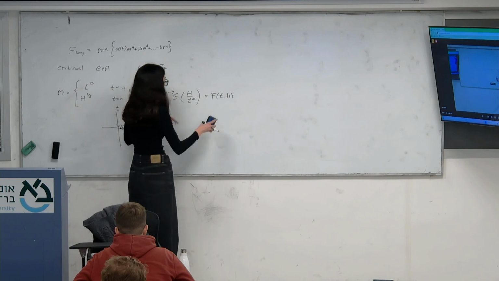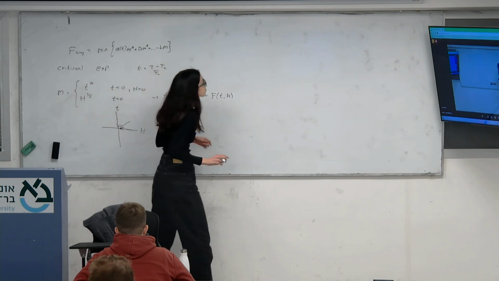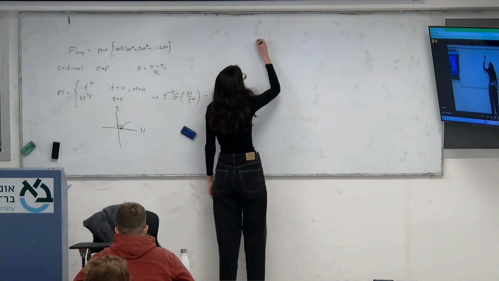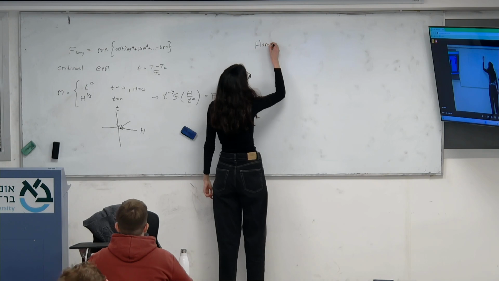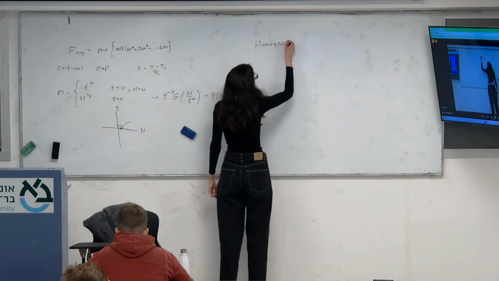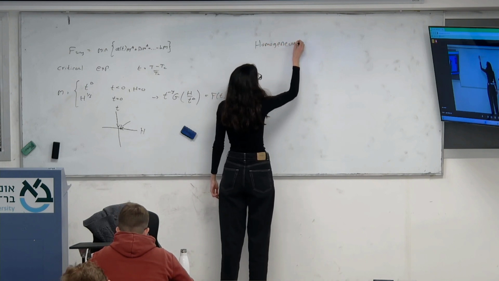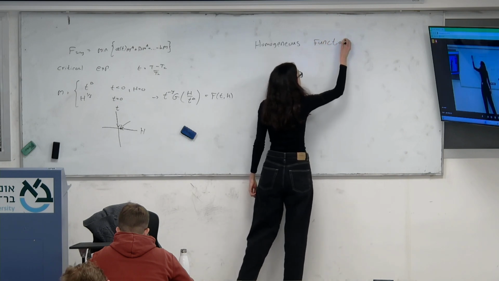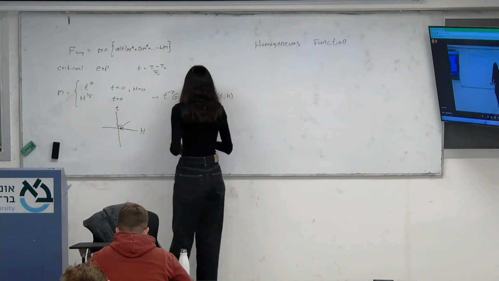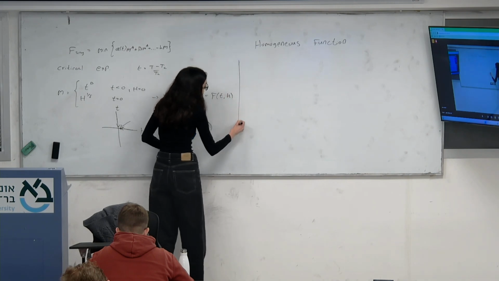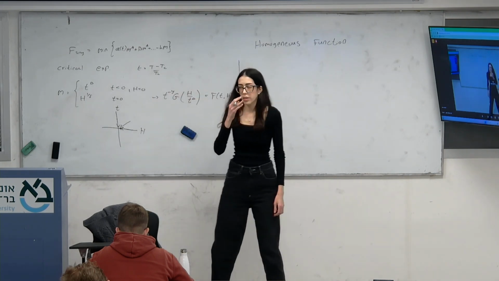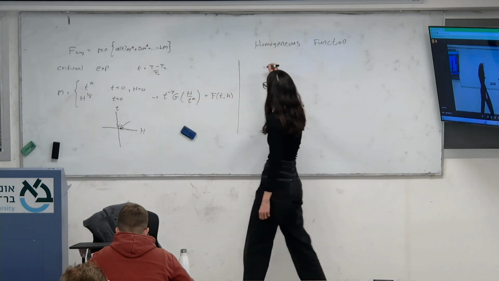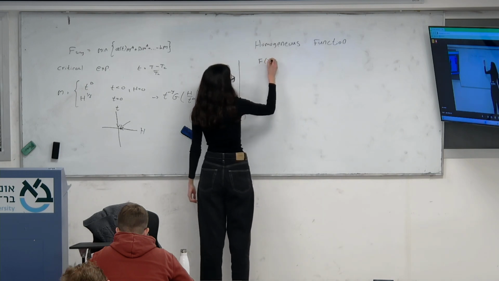To talk about that, let's take a small step back and talk about homogeneous functions. So let's assume in general we have some function of 2 parameters, x and y.